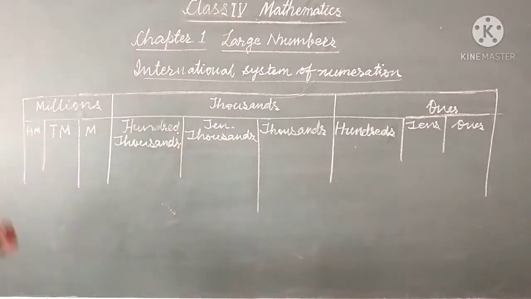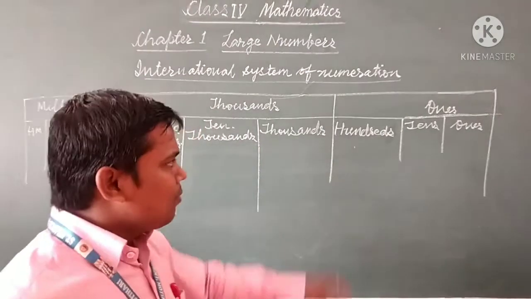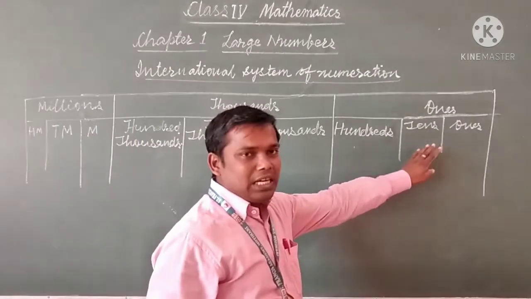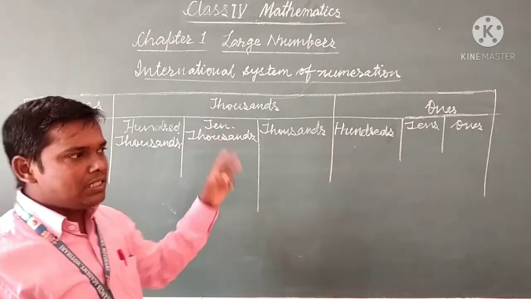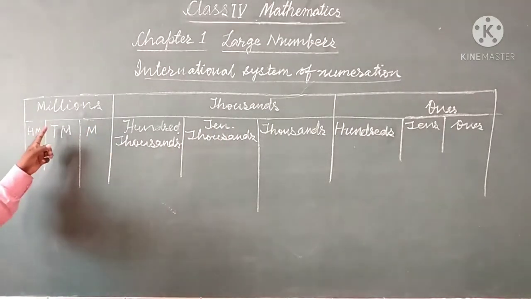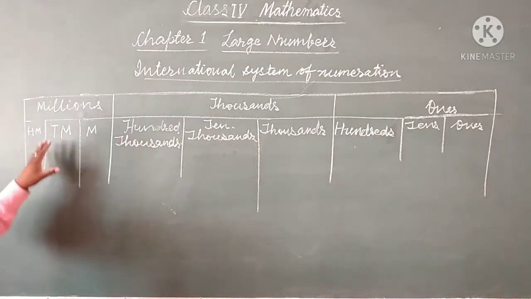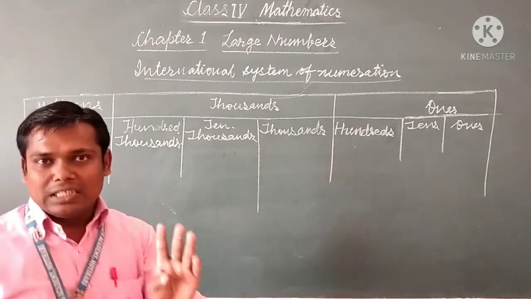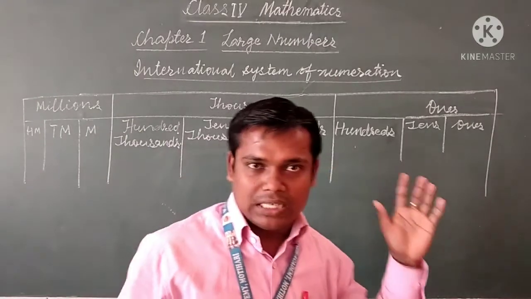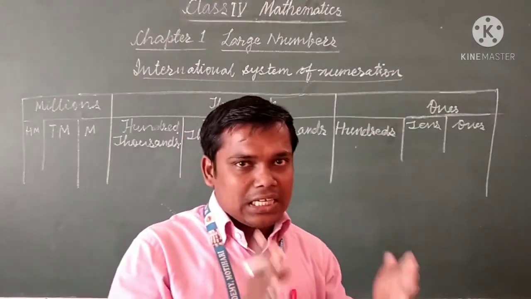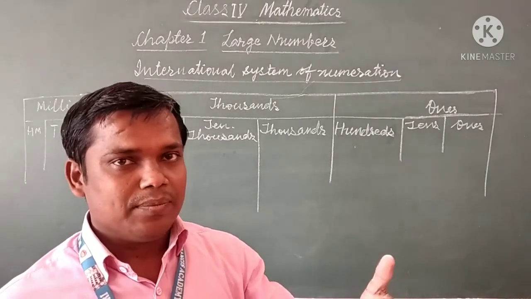So with this place value chart we can read and write up to 9-digit numbers, because in each period we have 3 places: in ones period, thousands period, and millions period. So altogether we have 9 places till the millions period. If further digits increase, we can add one more period, that is the billions period.